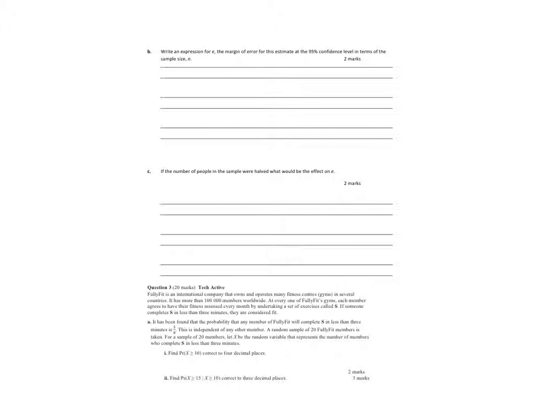So we know our margin of error is equal to, for 95% confidence, 1.96 times the square root of p hat times 1 minus p hat on n, which is equal to 1.96 times the square root of, what did we say, 0.6 times 0.4 over n, which equals 1.96 times the square root of 0.24 on n. In terms of n, okay, so we can't do much more with that.